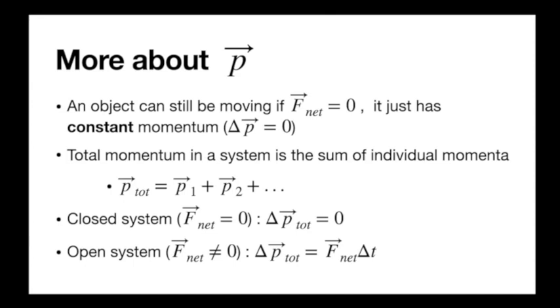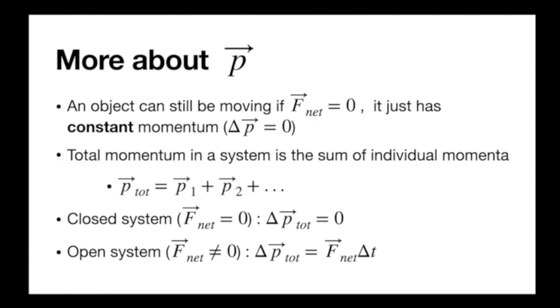If the net force is not 0, the total momentum changes in accordance with the same equation that we had before. I guess another complexity there is that even though the total may not change, there can still be exchanges of momentum between the individual objects in the system, right? Each one doesn't have to stay constant, just their total. And that's something that we'll look at a lot today.